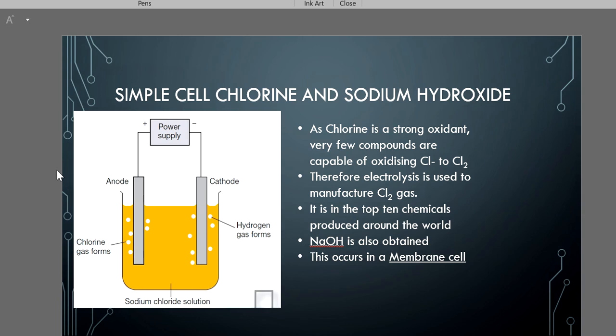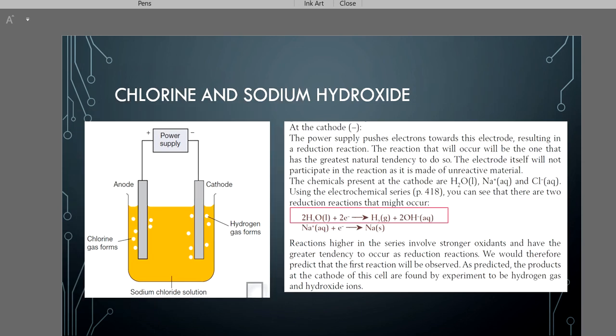We can also have a cell producing chlorine and sodium hydroxide, so not sodium, but also the production of chlorine, which is quite a common and widely used chemical in lots of industries. So I'll just flick to the next section. What we're looking at is an aqueous cell once again.